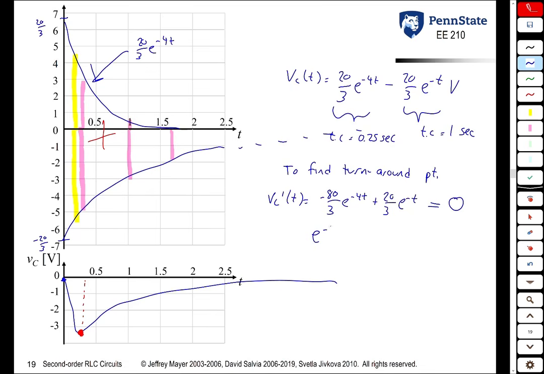You get that e to the minus 4t equals 1/4 e to the minus t. If you then take the natural log of both sides, remember the natural log of e to the x is just x. So the natural log of e to the minus 4t is just minus 4t. Minus 4t is the natural log of 1/4 e to the minus t.